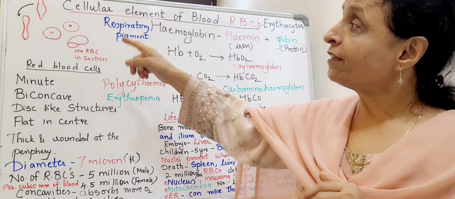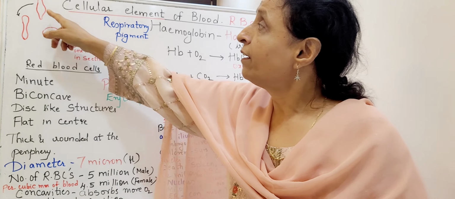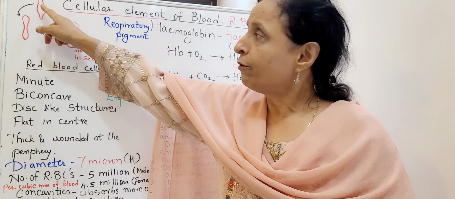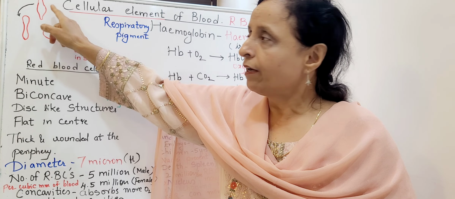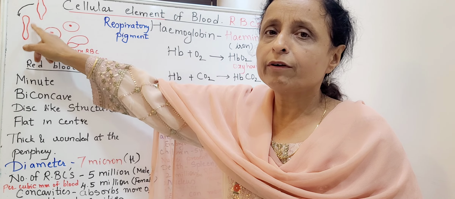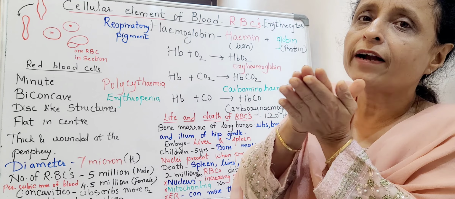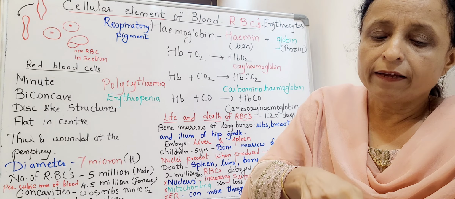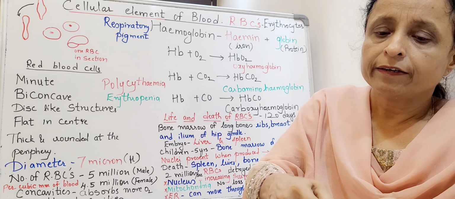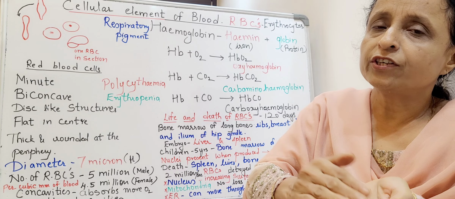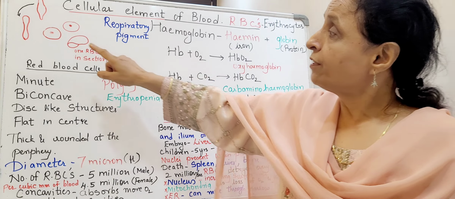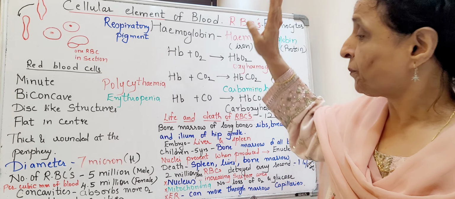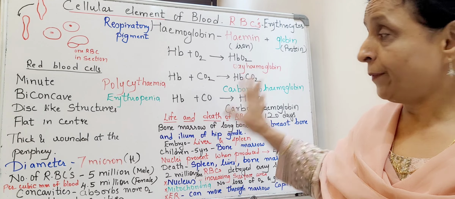It is disc like. Initially, having a nucleus, they are bulging here, but when they give up the nucleus, they become flattened in between. So the base is disc like, flattened here, and the sides are bulging a little. So this is an adaptation of the RBCs.